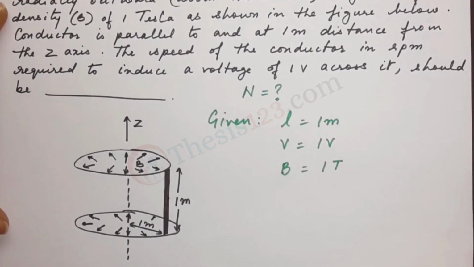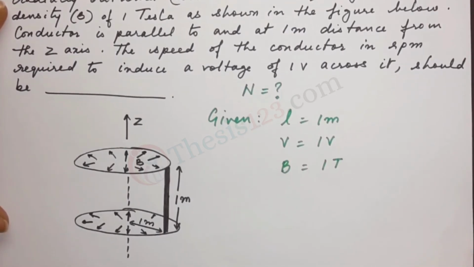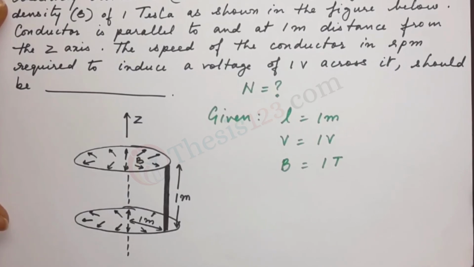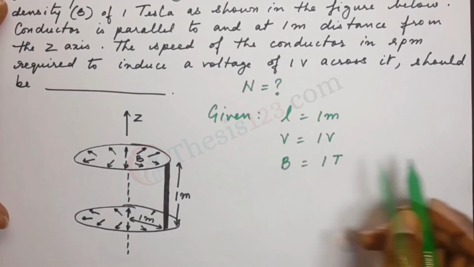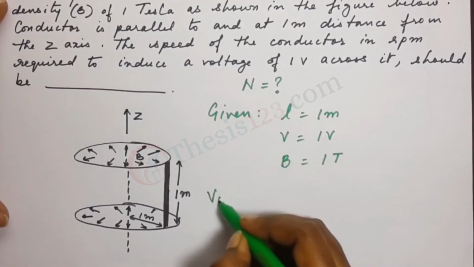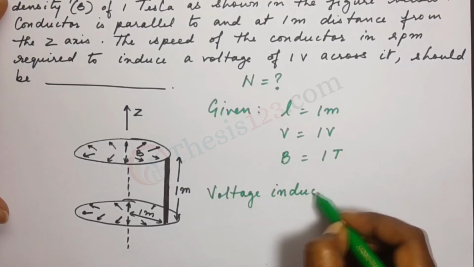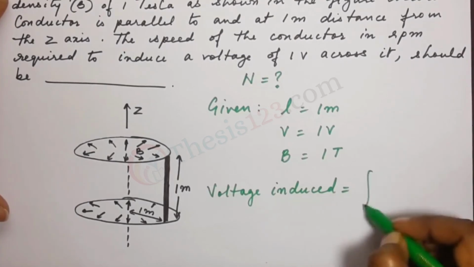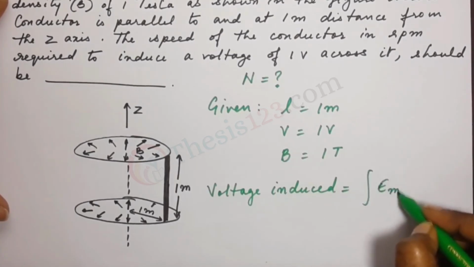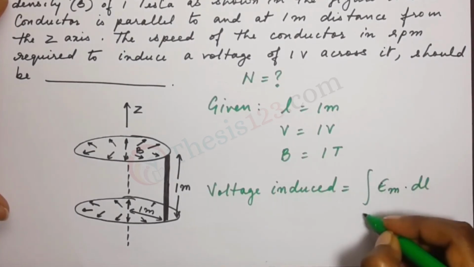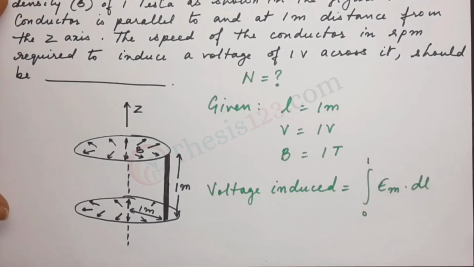Voltage induced will give us an expression in terms of electric field or induced electric field. So the voltage induced is equal to integral of EM dL. This is from 0 to 1.